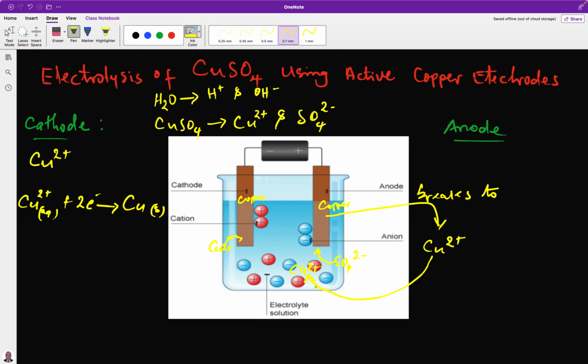They will now move again to the cathode. Will now leave here and move to the cathode. And when they get to the cathode, what happens? They leave the solution and move to the cathode. And at the cathode, they will get electrons again, this time around.